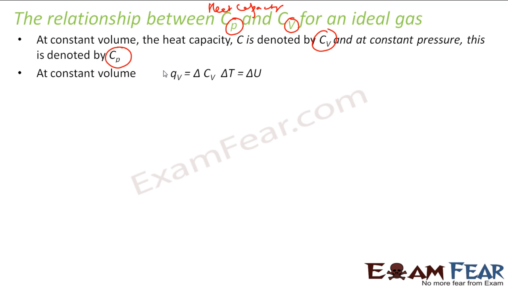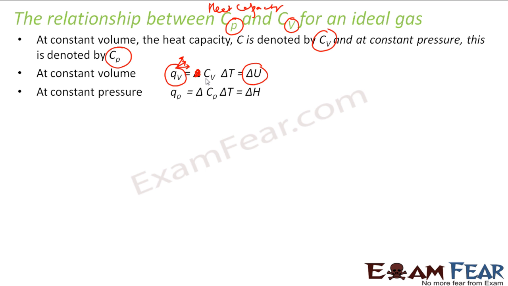If you see, at constant volume we talked about delta U, the change in internal energy, and change in internal energy is nothing but Qv, the heat supplied at constant volume. And now we have the formula to measure this heat supply in terms of Cv delta T.